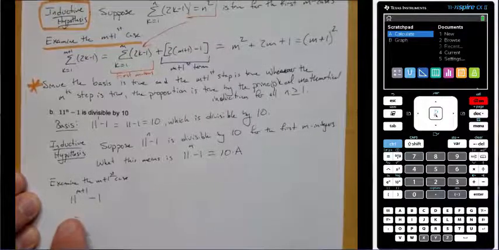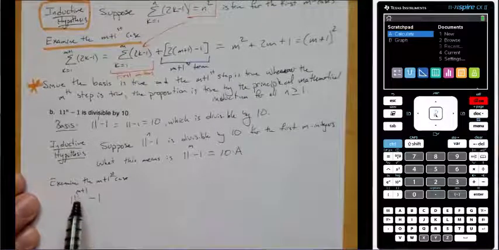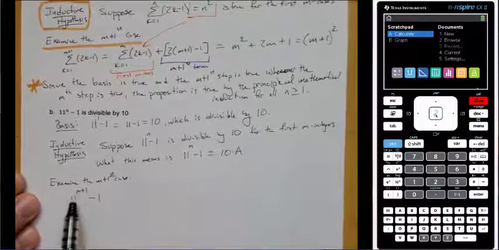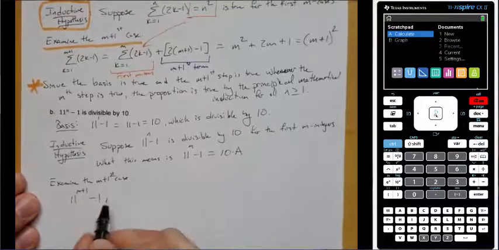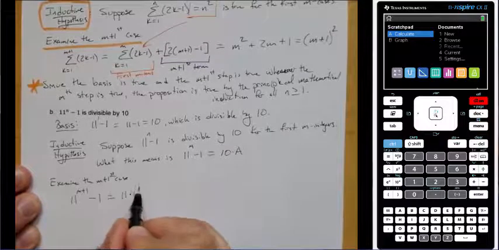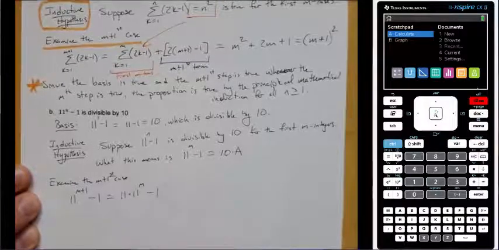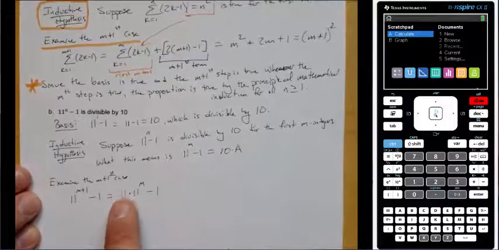It's not exactly there, because everything's not multiplied by 11 to the m, but we can do something similar in that exponent rules tell me that a base to an exponent with an addition in it means I should be able to rewrite this as 11 to the first power times 11 to the m power.